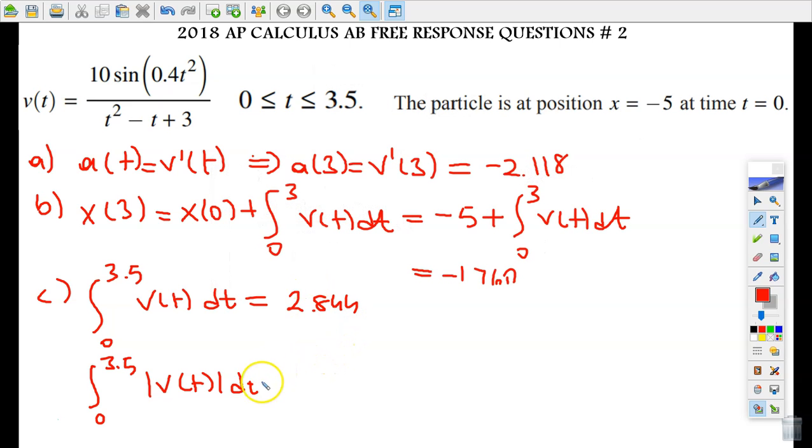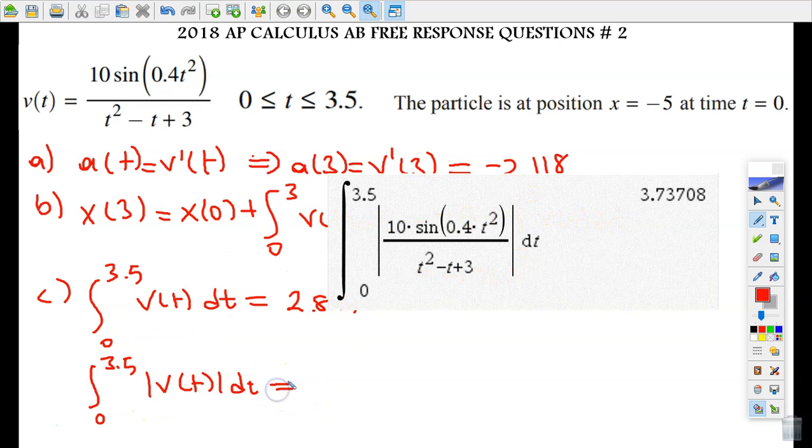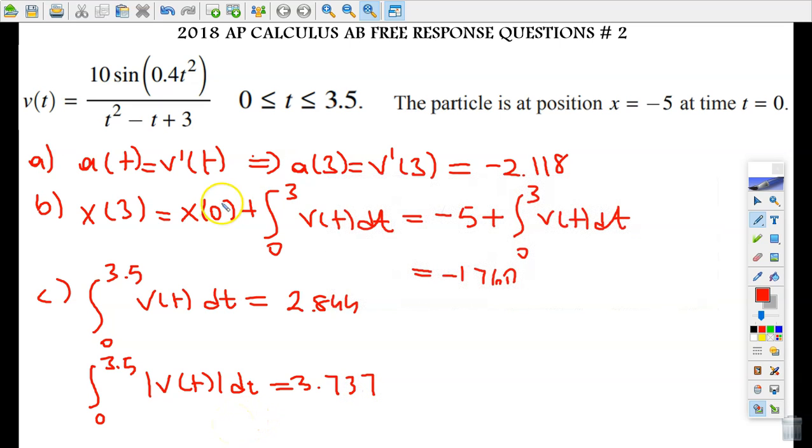And if we calculate the total distance traveled by the particle, this is going to be equal to 3.737. We've also explained the meaning of these two integral expressions. The first one is the displacement by the particle over that specific time interval. The second one is the total distance traveled by the particle over this time interval.